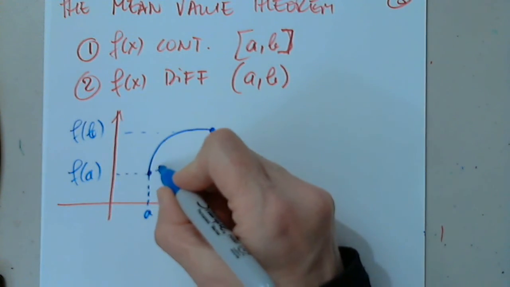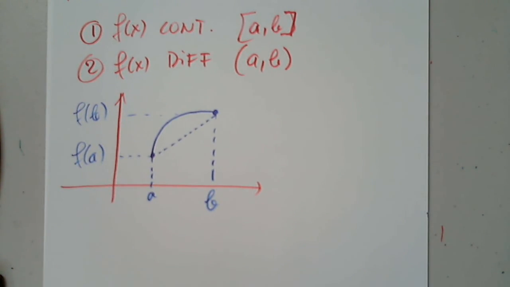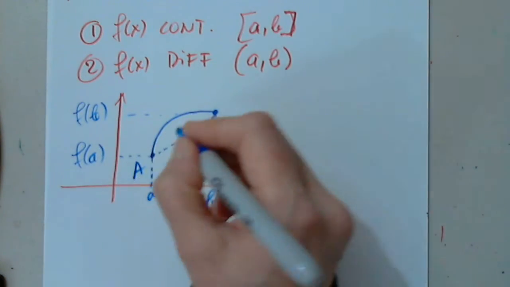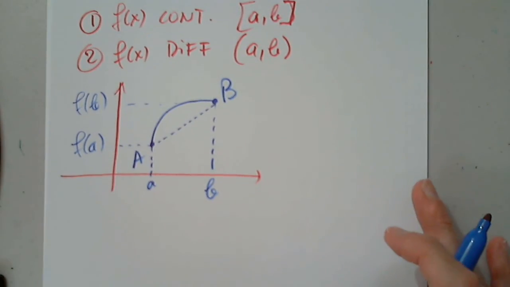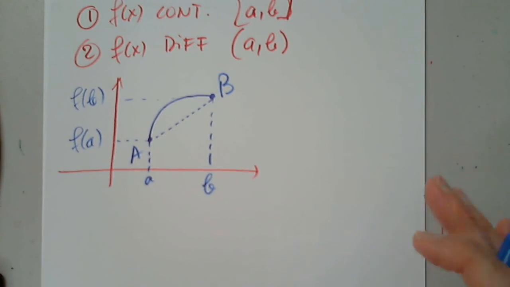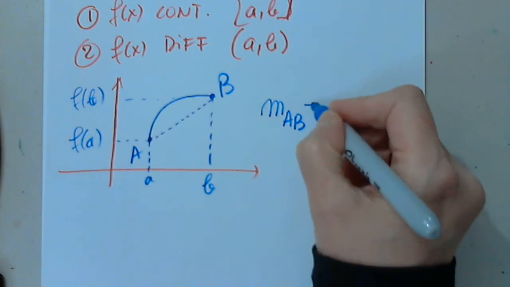I'm also going to connect the 2 points with a line segment. If you want, we can call this AB. Before we draw the conclusion of the mean value theorem, can anyone give us the slope of the line AB?